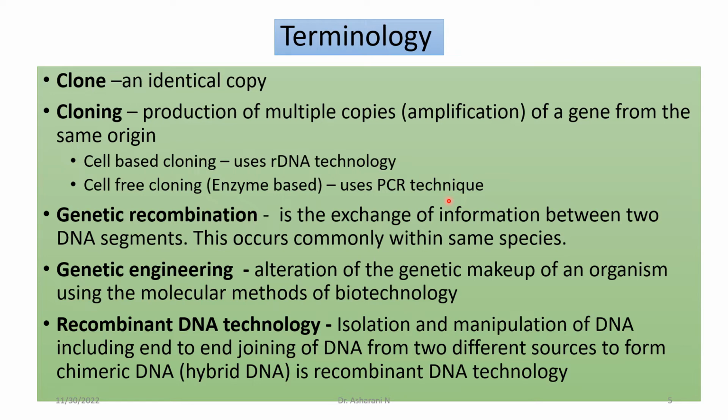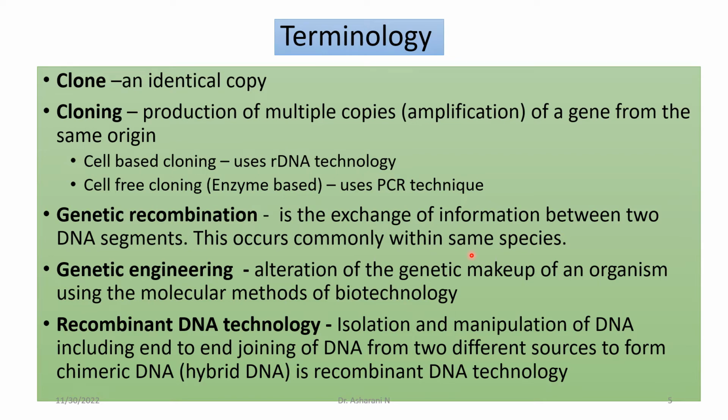Now we will move on to the terminology genetic recombination. Genetic recombination is the exchange of information between two DNA segments. This recombination happens in the same species, and it is one of the common mechanisms which operates in our body to produce many immunoglobulins.